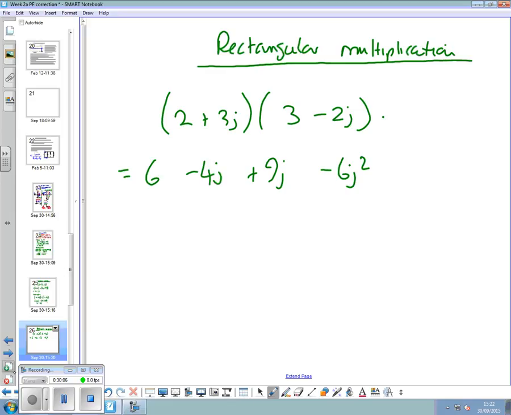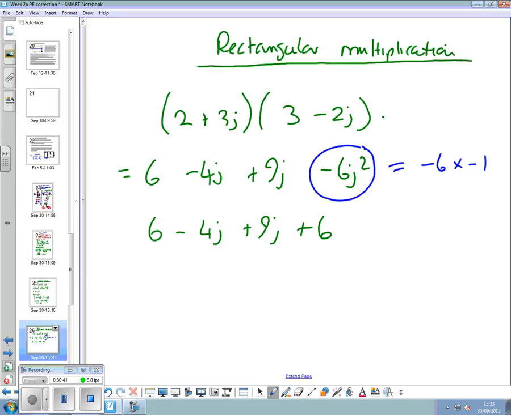So let's just take this bit here a minute. That is equal to minus 6 times minus 1, which is 6. So effectively, let's write that out again. We've got 6 minus 4j plus 9j plus 6. So the j squared term is gone.